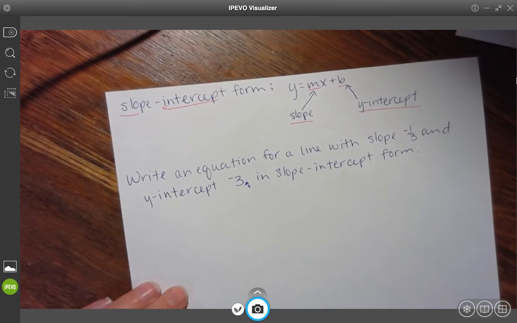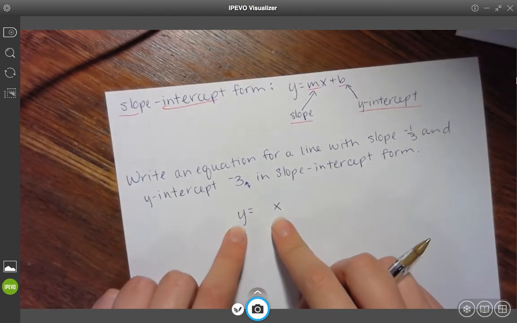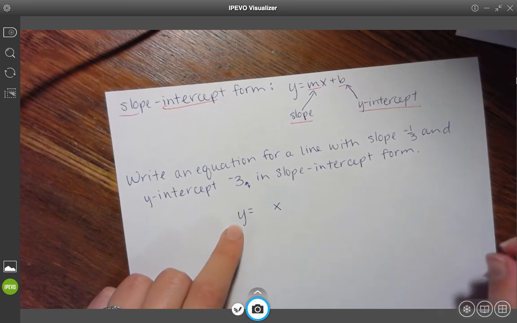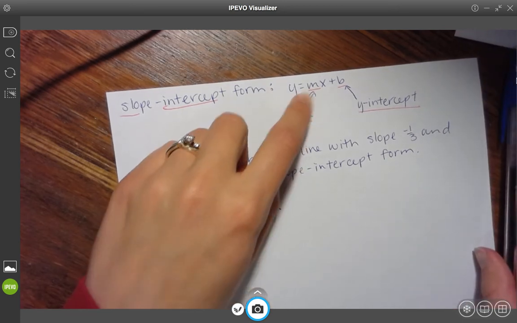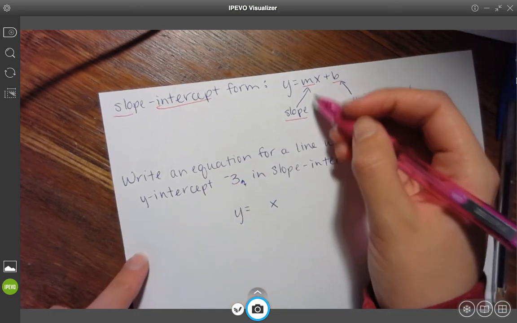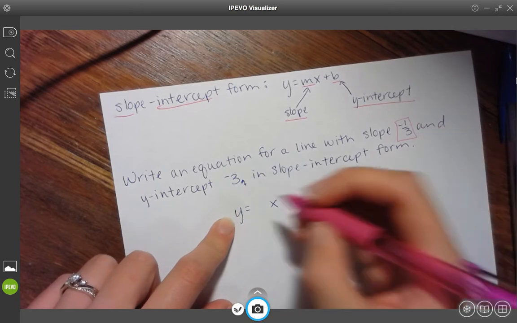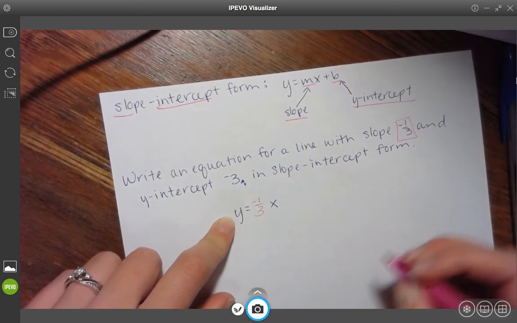Okay, so to do that, my y and my x's are still variables, so they'll stay there. I just need to find my m, which is slope, and my b, which is y-intercept. So my m, slope, well, my slope is negative 1/3. Right?